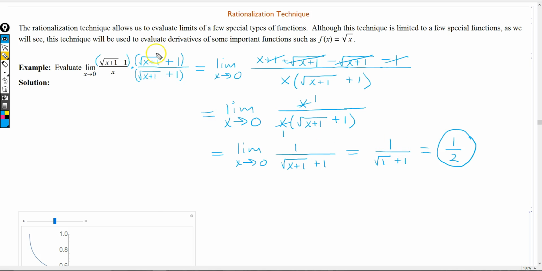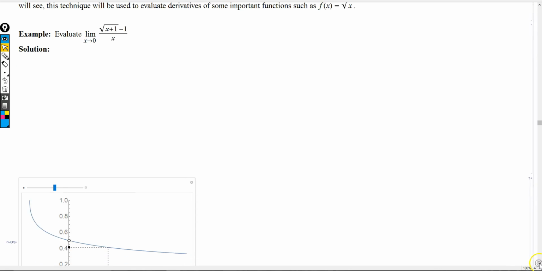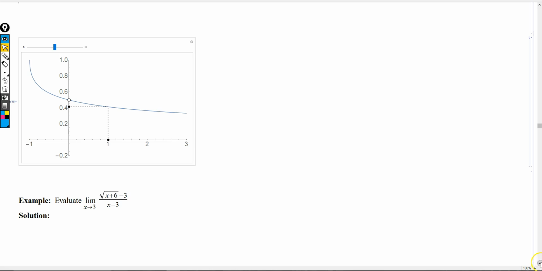Okay, so this technique is called the rationalization technique. Now we have a graphic down here illustrating this problem. The blue curve right here, that's the graph of the root x plus 1 minus 1 over x.